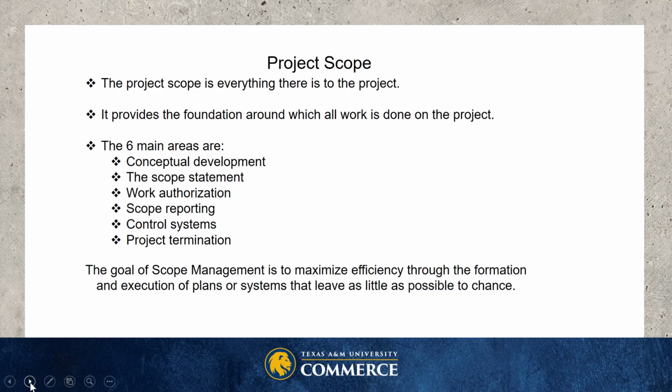And then finally, project termination, where we turn the finished product over to the client and then gather all our documentation for our own knowledge base. The goal of scope management is to maximize efficiency through the formation and execution of plans or systems that leave as little as possible to chance.